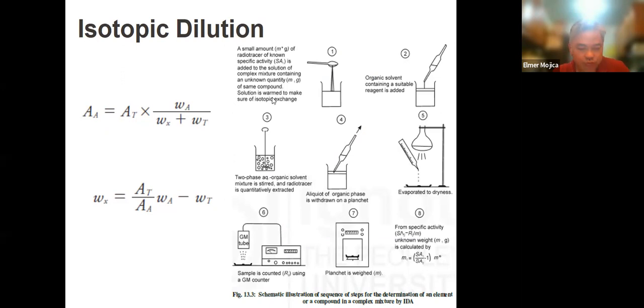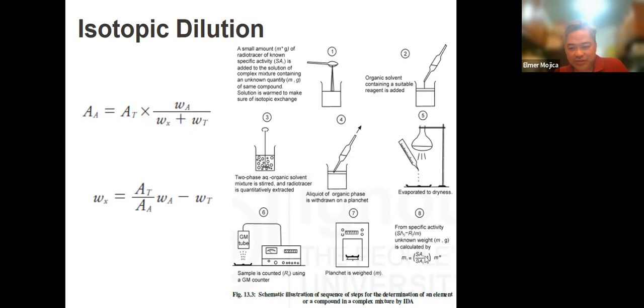Now the solution is warmed to make sure of the isotopic exchange. So ang ano dito, isotopes. Pero yung isang isotope mo ay radioactive. Okay? And then an organic solvent containing a suitable reagent is added. And then you evaporate it to dryness. And then from the specific activity using this formula, the unknown weight is calculated.